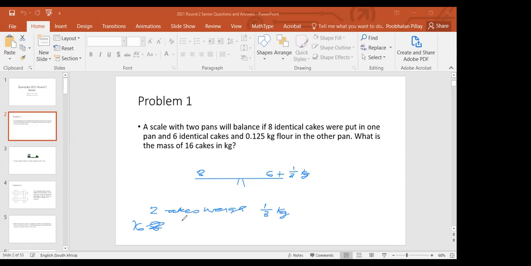It's again a proportion. There are lots of problems on proportion. 16 cakes is 8 times 1/8, because 16 is 8 times 2. So this is your answer. 16 cakes will weigh 8 kilograms. I mean, 1 kilogram.